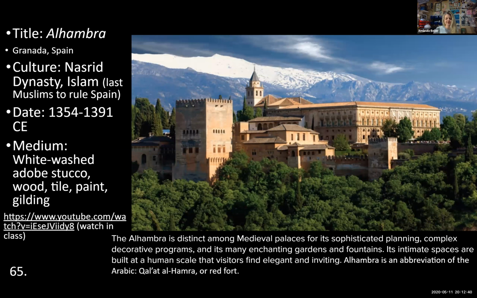The Alhambra, this is from the Nasrid dynasty. It is a Moorish palace. And this group of Moors is the last group of Muslims to rule Spain before Charles V and Catholicism are going to sweep in.